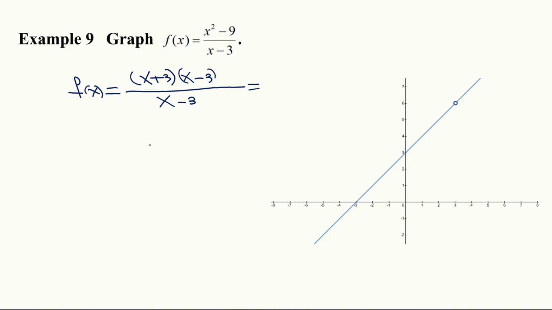We say this function is equal to, not necessarily a piecewise function, but it kind of looks like one. It's equal to x plus 3 if x does not equal 3, and it's undefined if x equals 3.